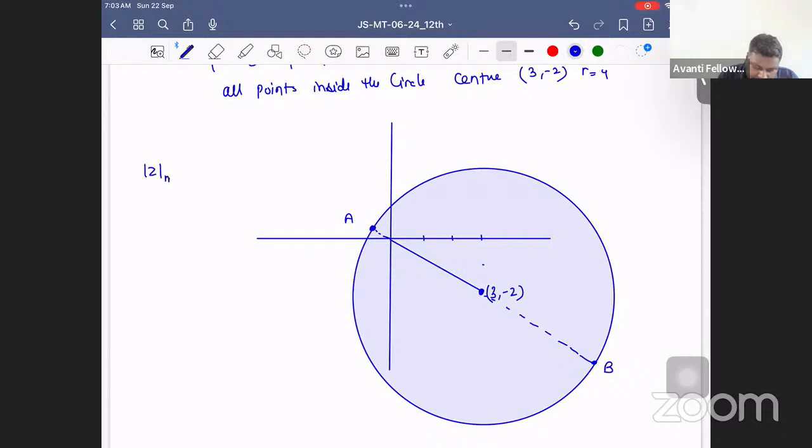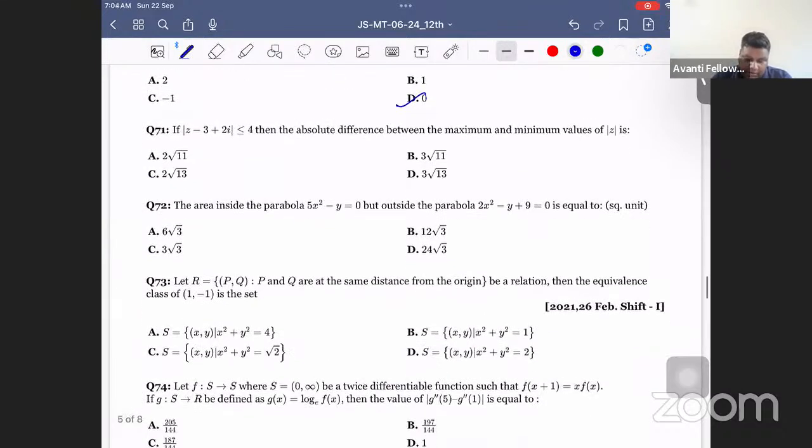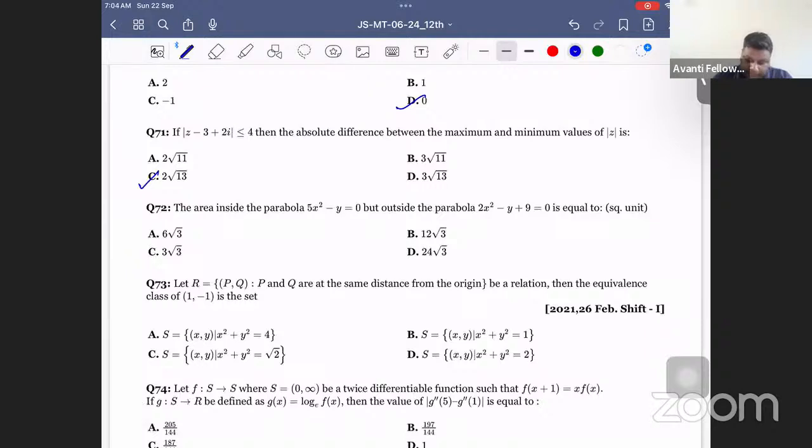So mod z minimum will be radius 4 minus root 13, since the distance of the center from the origin is root 13. And mod z maximum will be 4 plus root 13. Got it? We are asking for the absolute difference between the maximum and minimum values. So the difference is 2 under root 13. Am I clear?